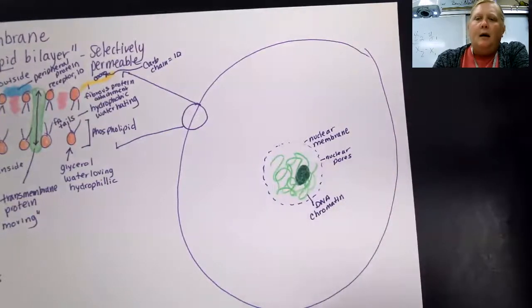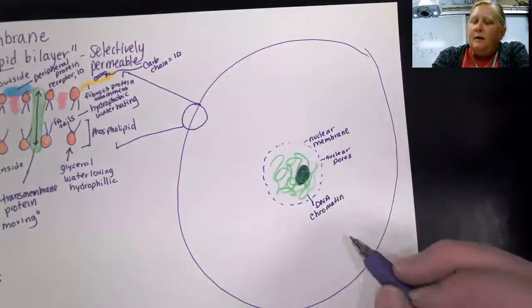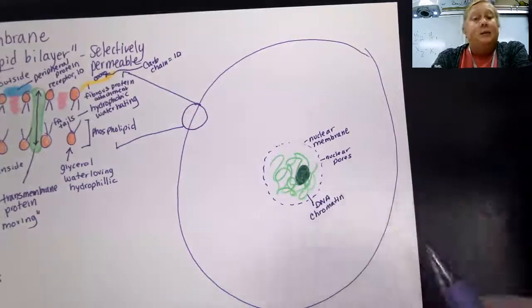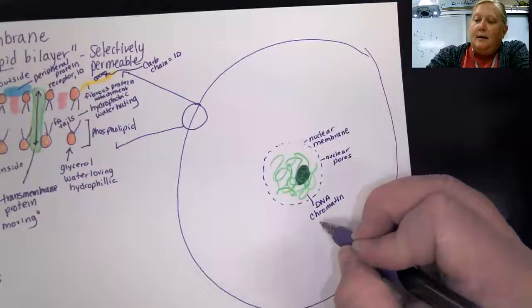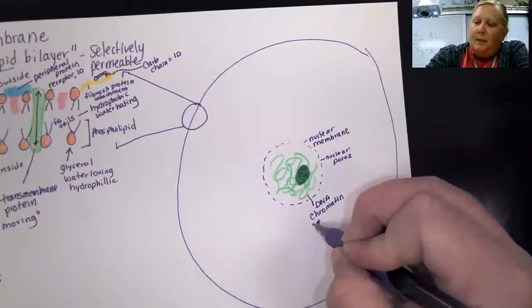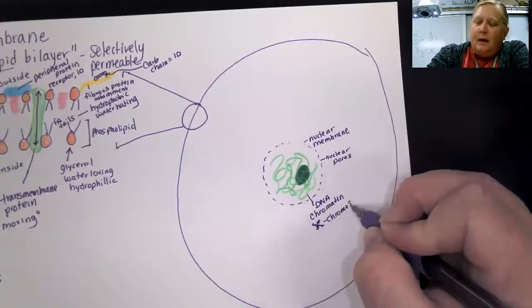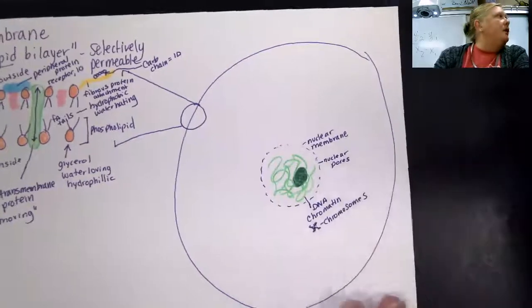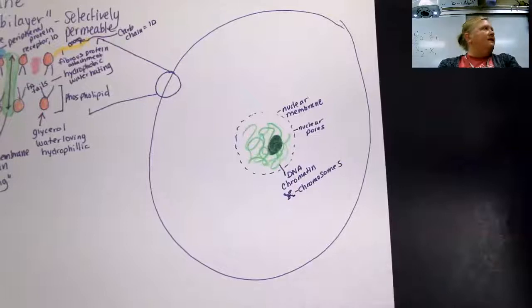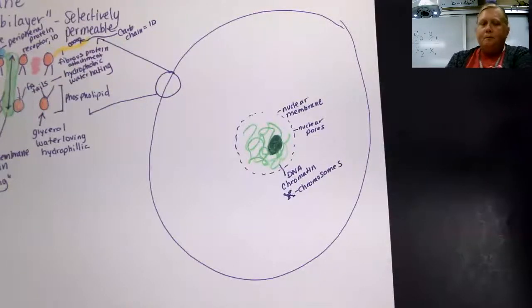I want to make a note off to the side. When DNA is in the stringy form, it is chromatin. When it's all balled up like this, we call it chromosomes. That's when we get ready for cellular division. So that's important to note.